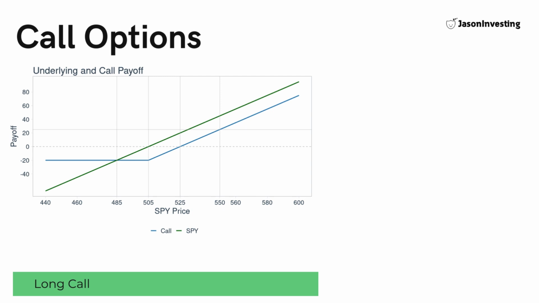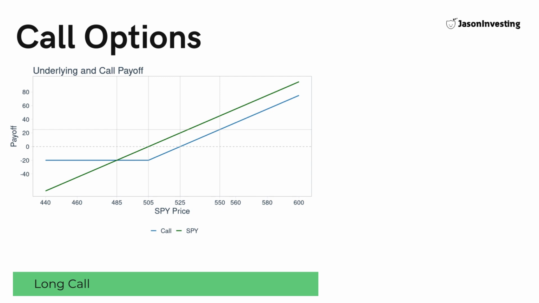The reason is because remember you paid upfront the $20 premium, so you would have to make $20 just to break even. So in all, the break-even point would be precisely 505 plus 20. The point will be 525. So above 525, you will start making money.